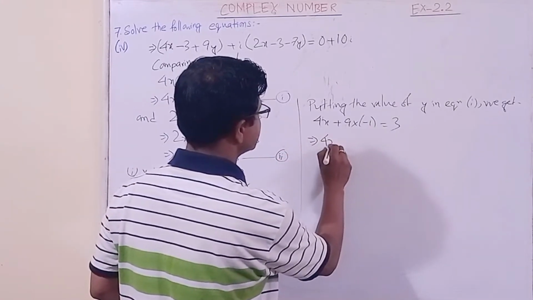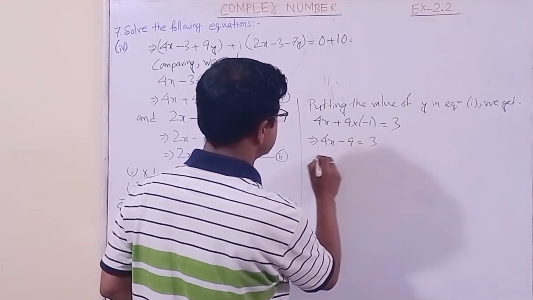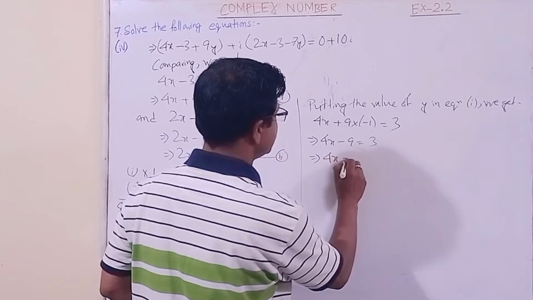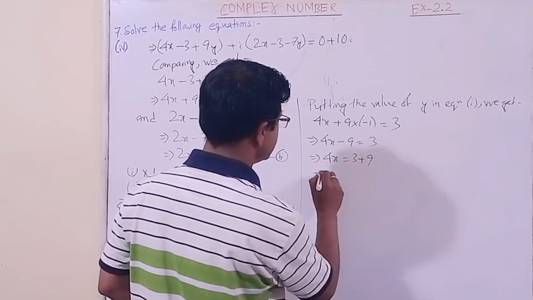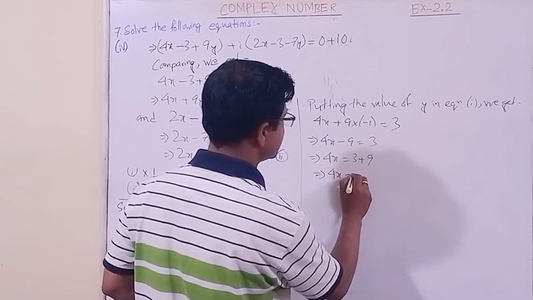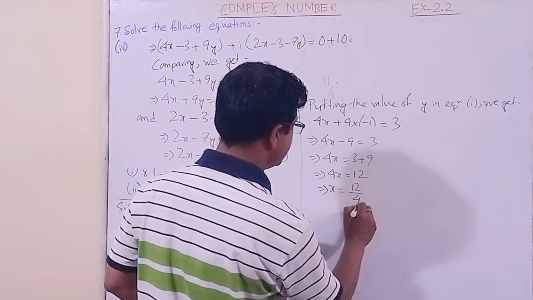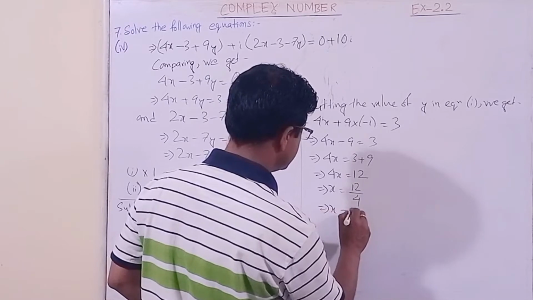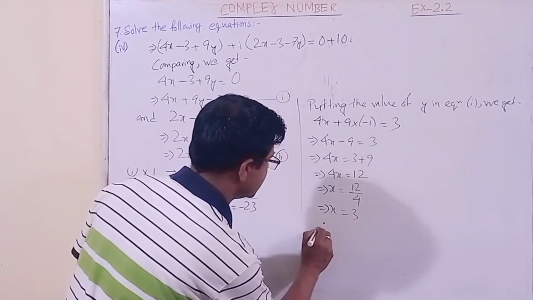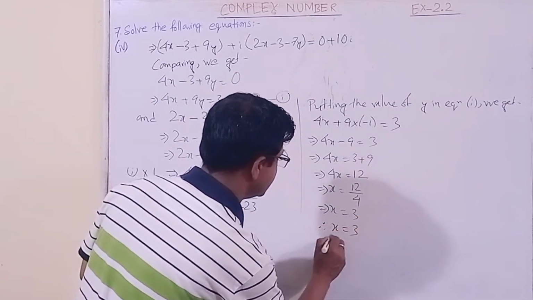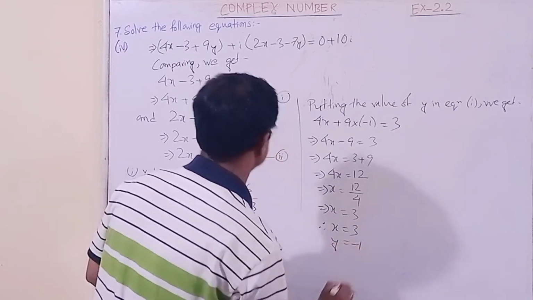So this is 4x minus 9 is equal to 3, so 4x equals 3 plus 9. 4x is equal to 12, so x equals 12 by 4, x equals 3. Thus the solution is x equal to 3, y equal to minus 1.